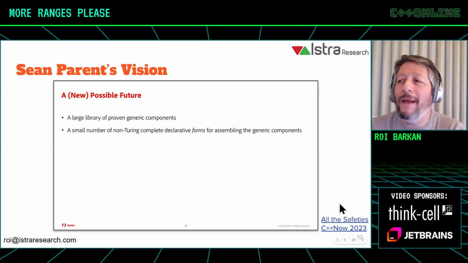So all the complex stuff, all the things that really need the Turing completeness, will be in a library, and everything else is just building puzzle pieces.